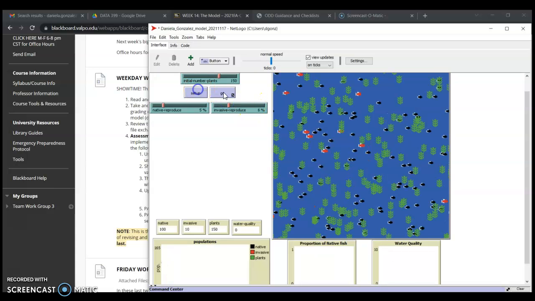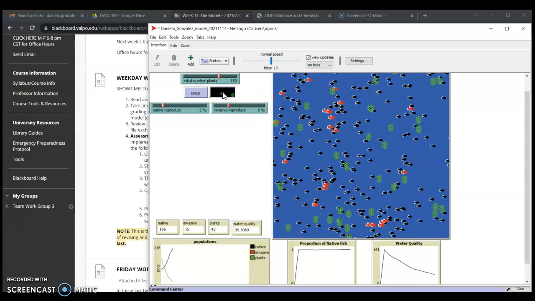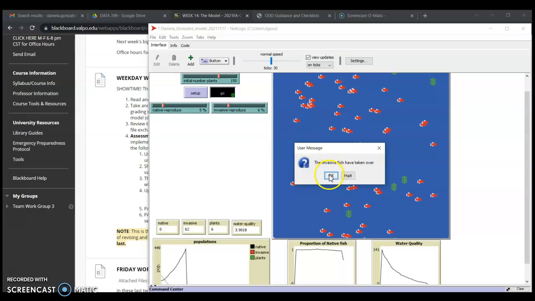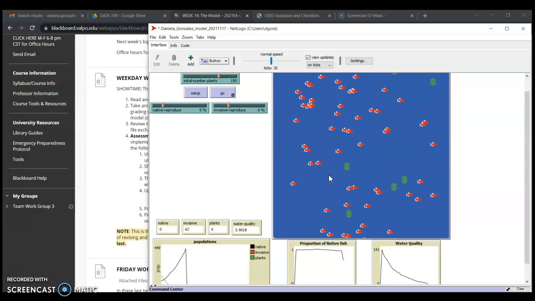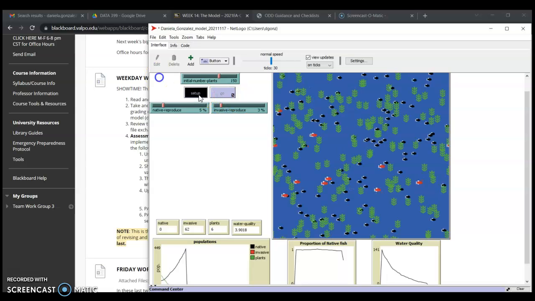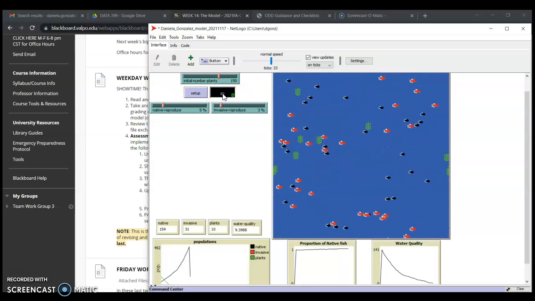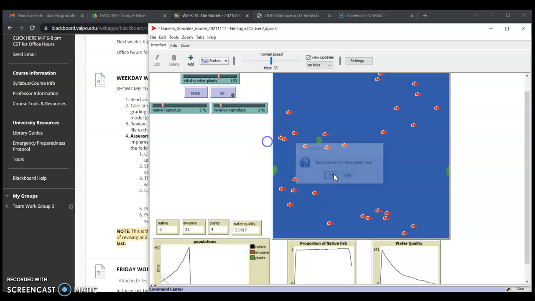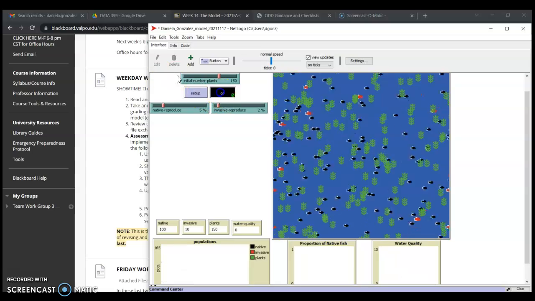Now something very low. Yeah, so that wasn't low enough, but if we were to set it to something even lower than the native reproduce rate, let's say 3%, we find that the invasive fish still take over just because they die at a much lower water quality.